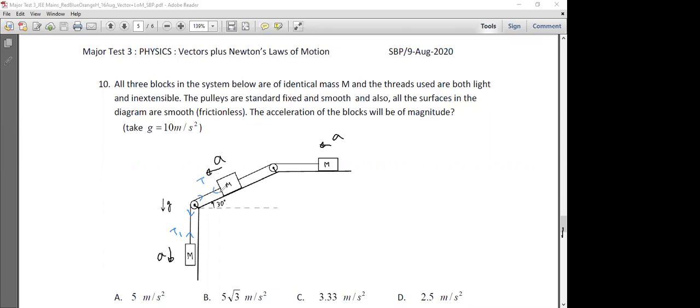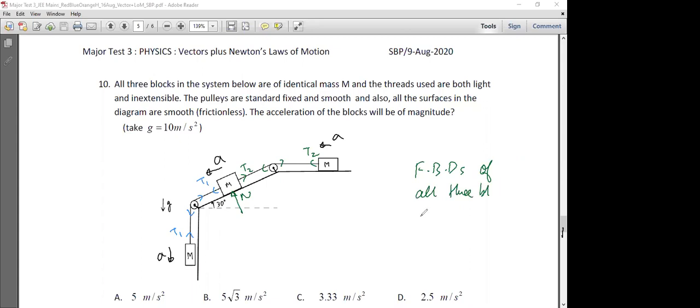And if the tension in the other string is, let us say, T2, then the same magnitude of tension will be acting here. Okay. And of course, here there will be some normal reaction acting in this direction. And apart from the forces I've shown here, there are also the weights of the three blocks. So make the free body diagrams of all three blocks.